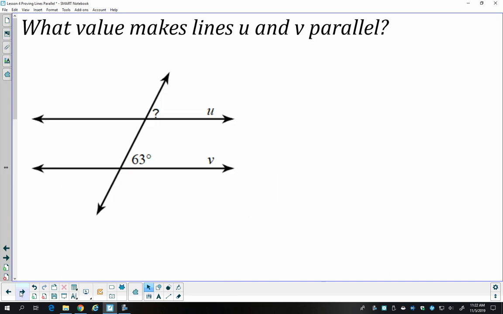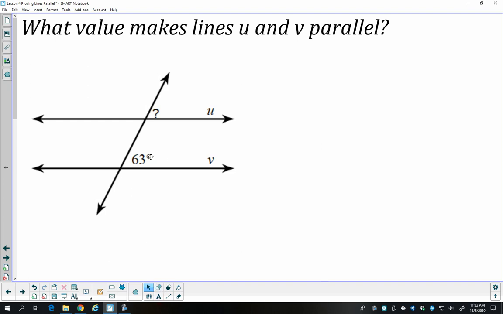So these pictures that I'm going to show you should look similar to what we've practiced, but we're just thinking about this in the opposite direction. Notice I don't know yet that U and V are parallel, though I'm pretty confident they are. What we want to know is what value of question mark here would make U and V parallel. Well, the first thing we should establish is what angle pair I have here.